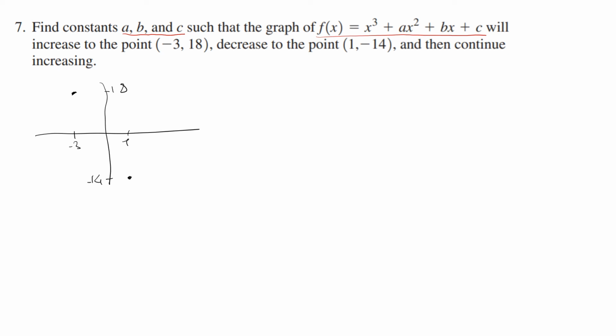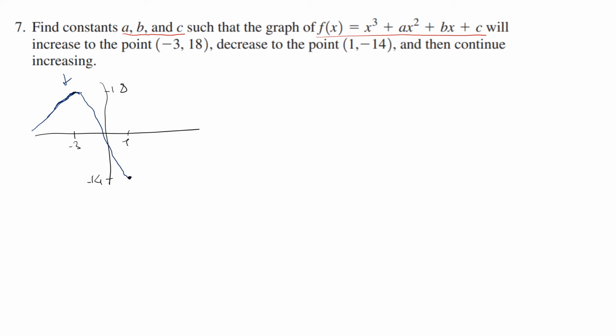And it says my function will increase to the point over here. So I know the function rises right up here. And then it decreases. Because it changes suddenly from increasing to decreasing, I know this is going to be my maximum point, and I will decrease from here until that point probably and connect there.